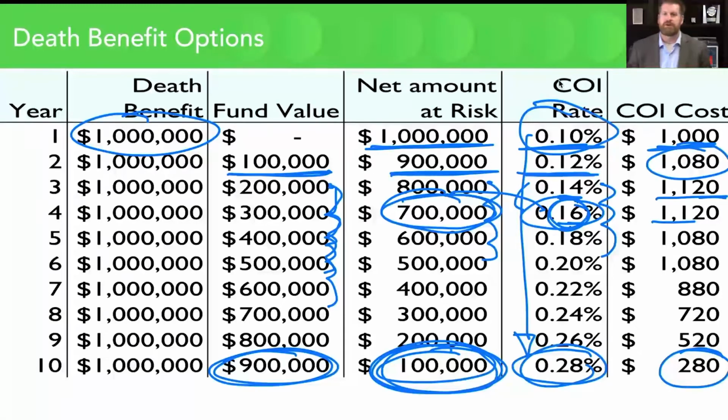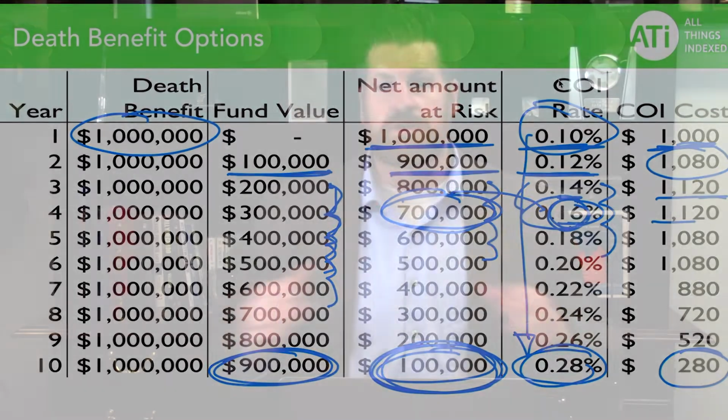In another video I talked about option A and option B, and how over time you can actually reduce the cost of your policy because your cash value grows. This just shows in more specific detail why that's the case.